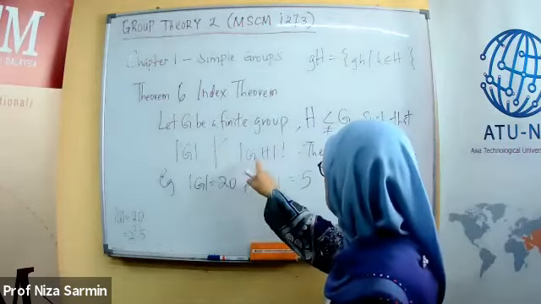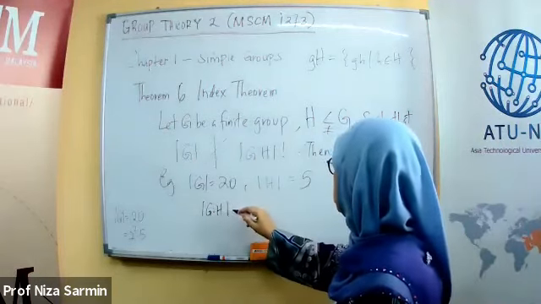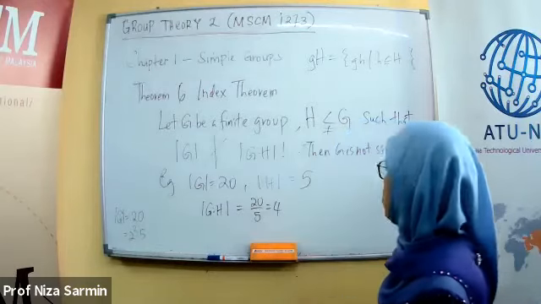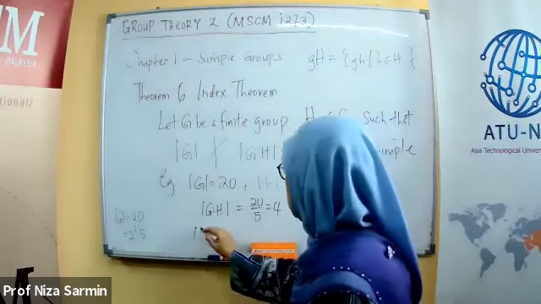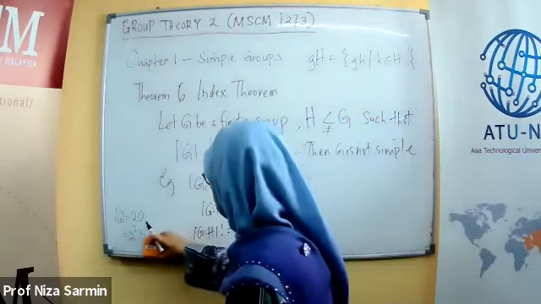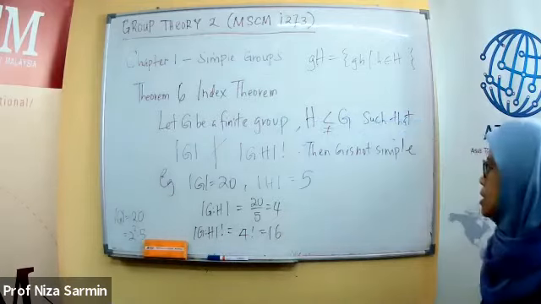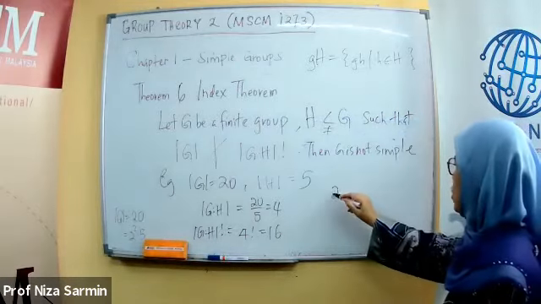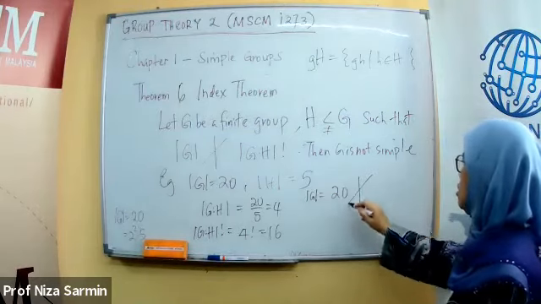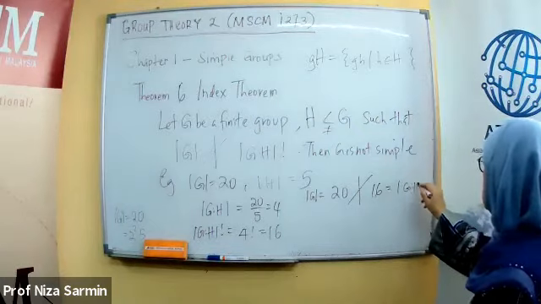The index of H in G is 20 over 5, which is 4. And the index factorial is 4 factorial, which is 16. So 20, which is the order of G, does not divide 16.